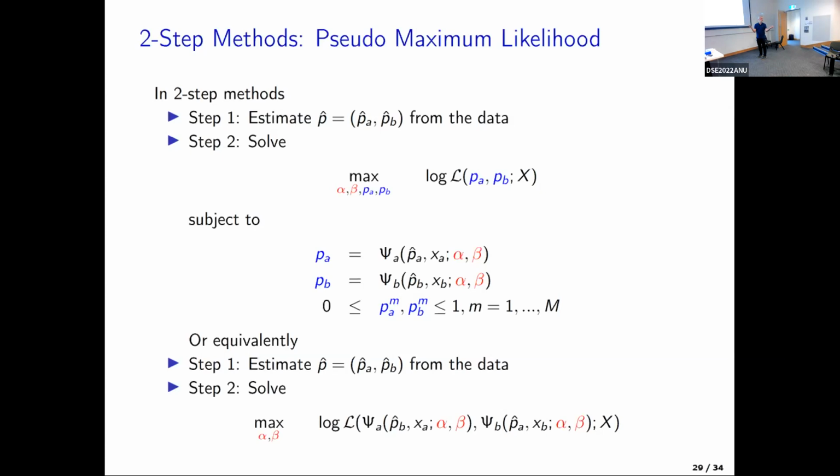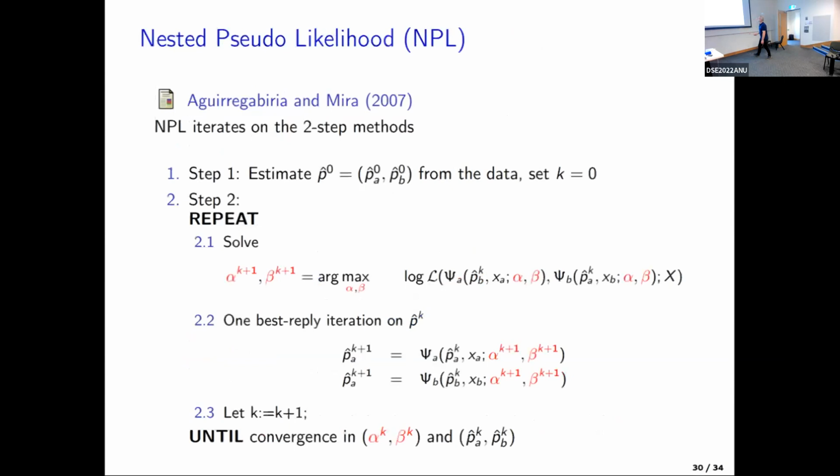So you estimate the CCPs and throw them into the best response mappings. That gives you investment probabilities for each of the two firms, and you use that in the likelihood. That boils the whole thing down to a single agent problem, because in some sense you're playing against the data. The investment probability is implied by the data and not something that can move around. Since these are consistent estimates, it should work.